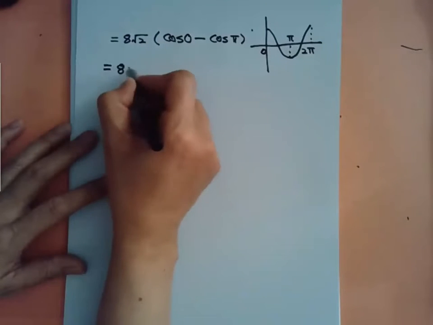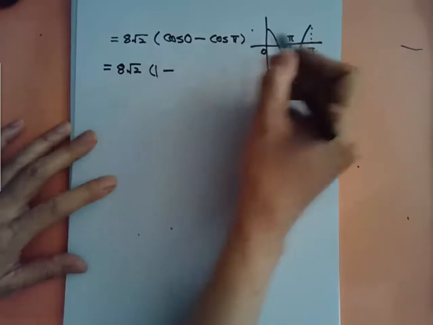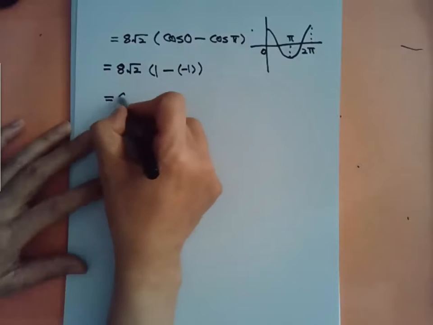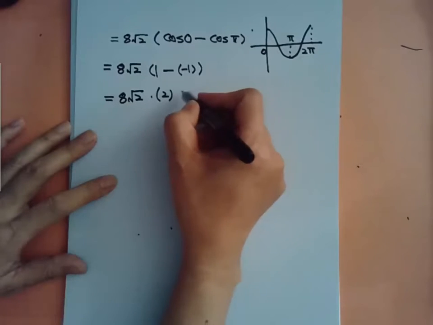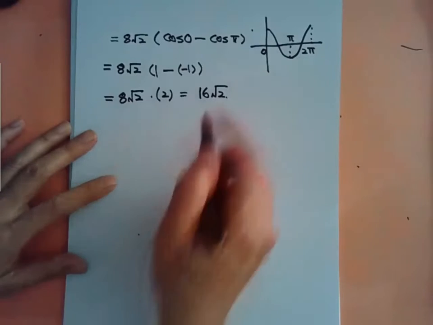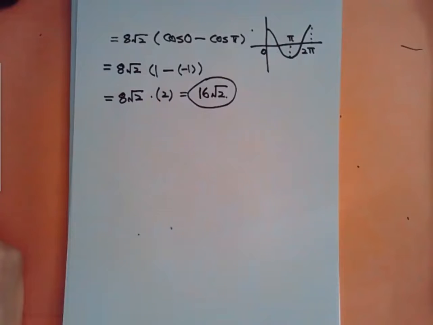So it becomes 8 square root of 2, cosine of 0 is 1, minus cosine of pi is minus 1. So 8 square root of 2 times 2, which is 16 square root of 2. So this is the distance it traveled.